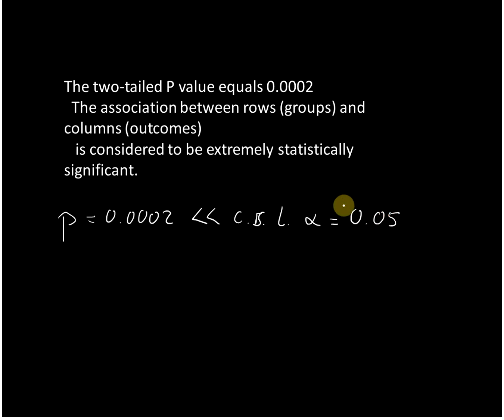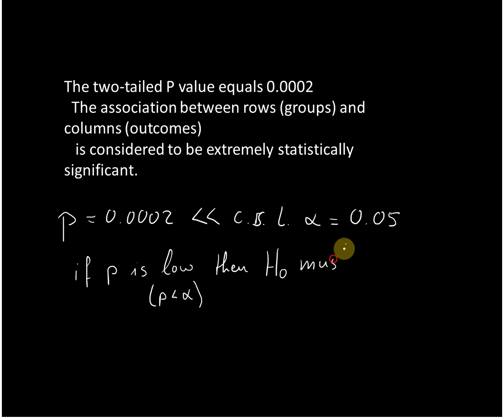That was this 5% that we defined at the very beginning. And we know that if p is smaller than alpha, then H naught must go.